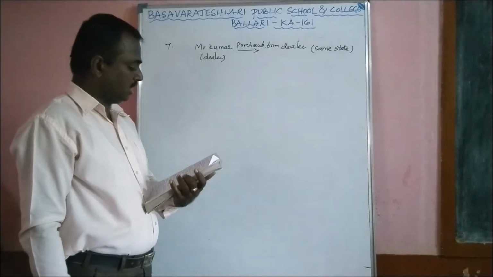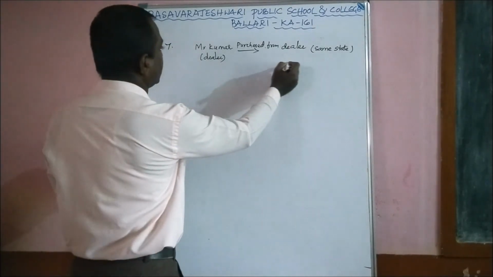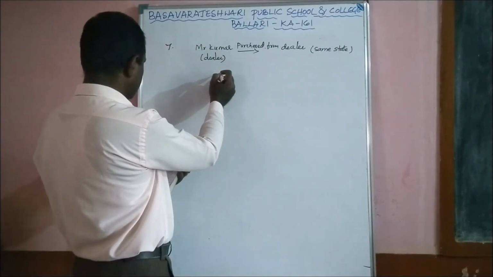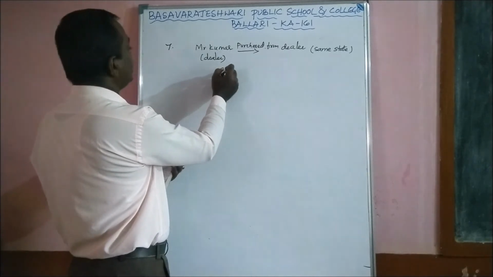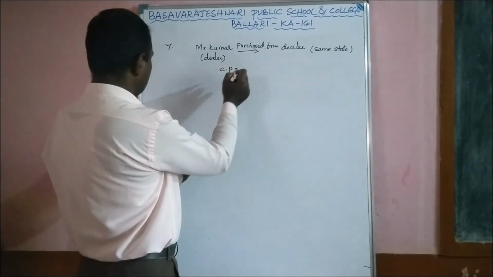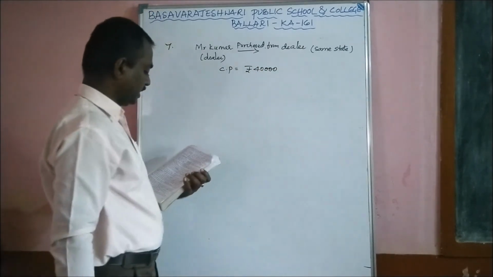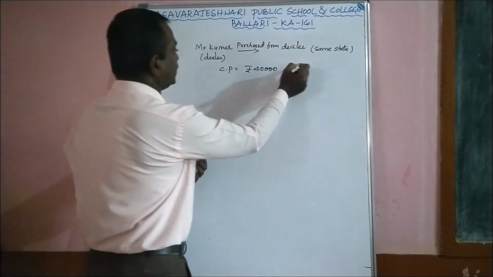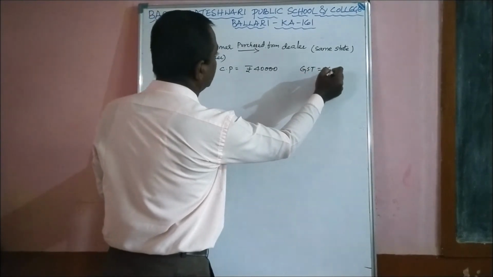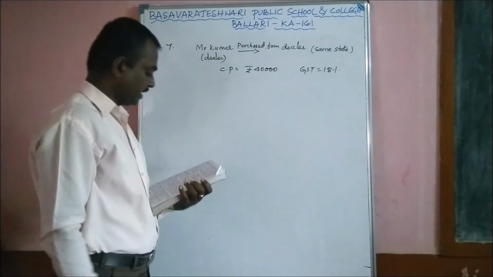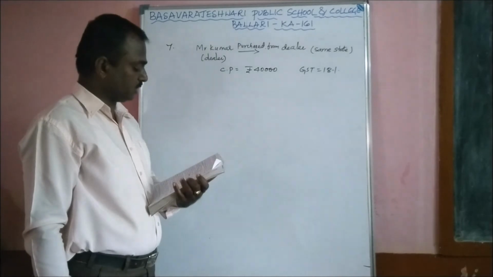Okay, GST is what they are telling. So what is the cost of the goods? CP is equal to how much? Rupees 40,000. GST is equal to 18%. First question, what you have to get?